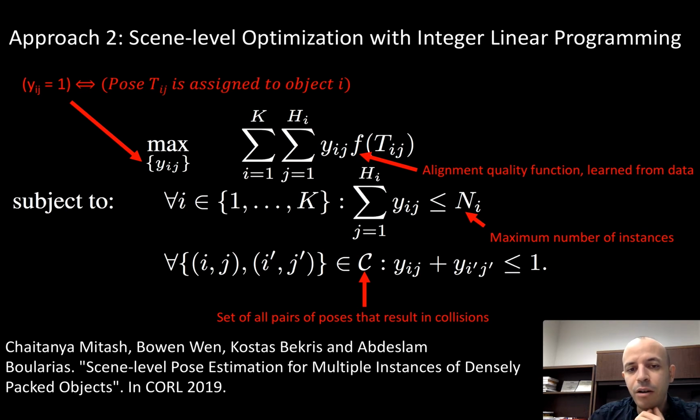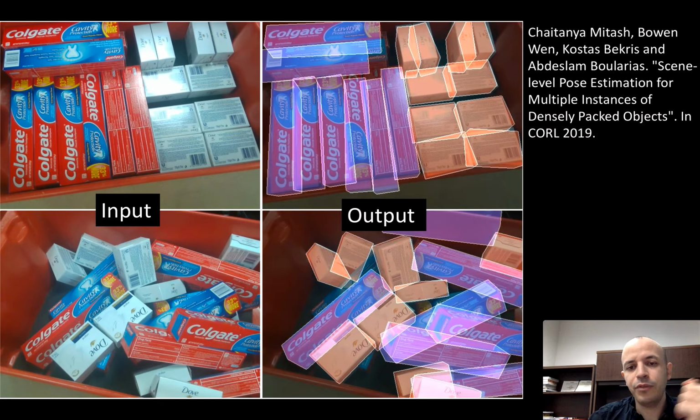And actually we learned that quality function from data, and we found that by combining multiple quality functions, you can learn a very accurate, more informative quality function. And we have constraints, of course, about the collisions, such that we don't want to choose two poses for two objects that are colliding with each other, for example, or that are not physically consistent.